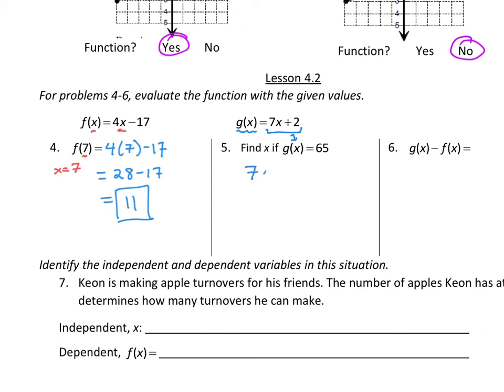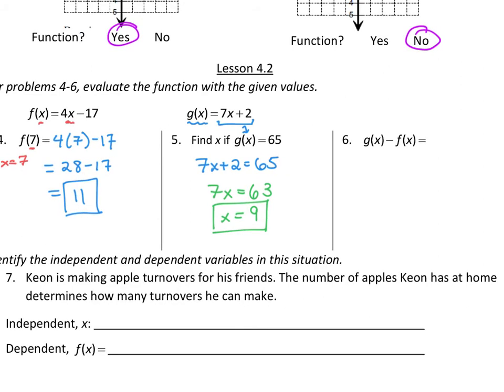So that means that 7x plus 2 equals 65, and I solve for x there. So 7x, subtracting the 2 from both sides, would be 63. Divide by 7, x equals 9. So this time it's the reverse of what we did in example 4.